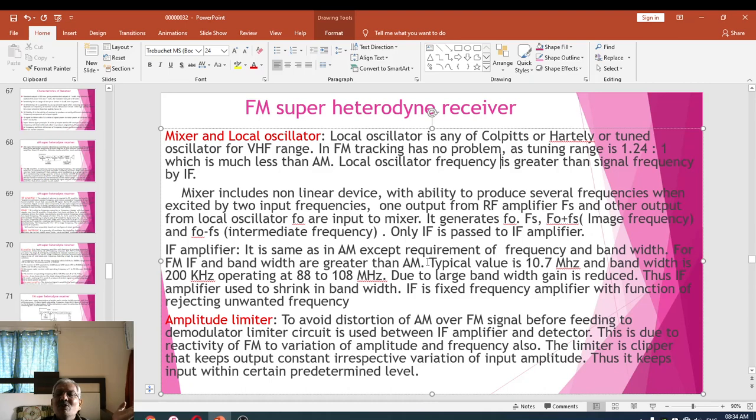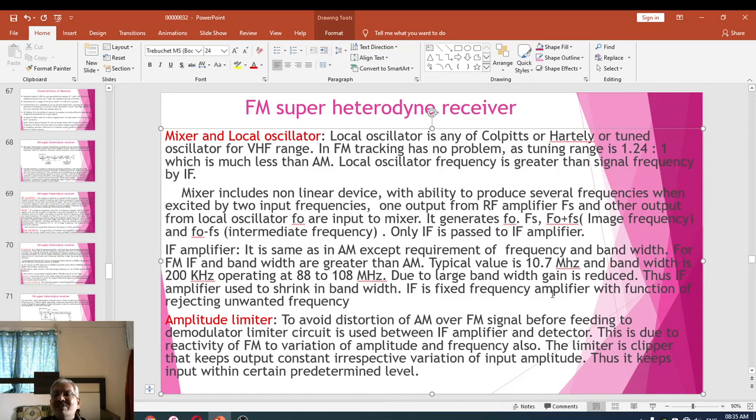So that is the reason why IF amplifier bandwidth is more. Typically, the value of IF is 10.7 MHz and bandwidth is 200 kHz, operating at 88 to 108 MHz. Due to large bandwidth, gain is reduced. Thus, the IF amplifier is used to sink in bandwidth.